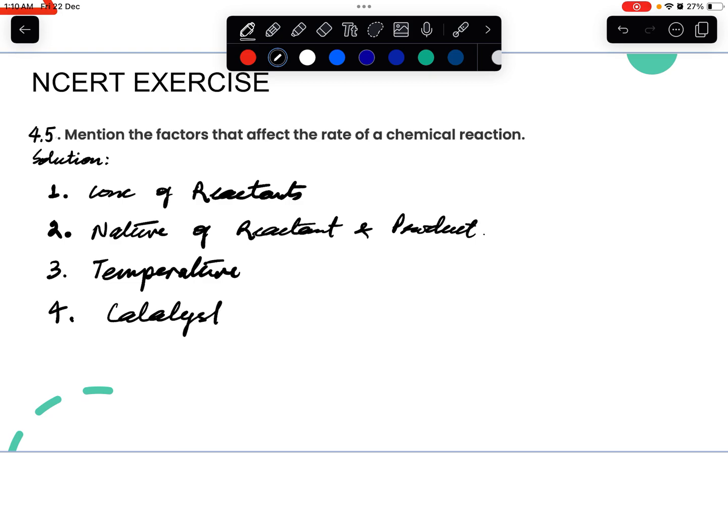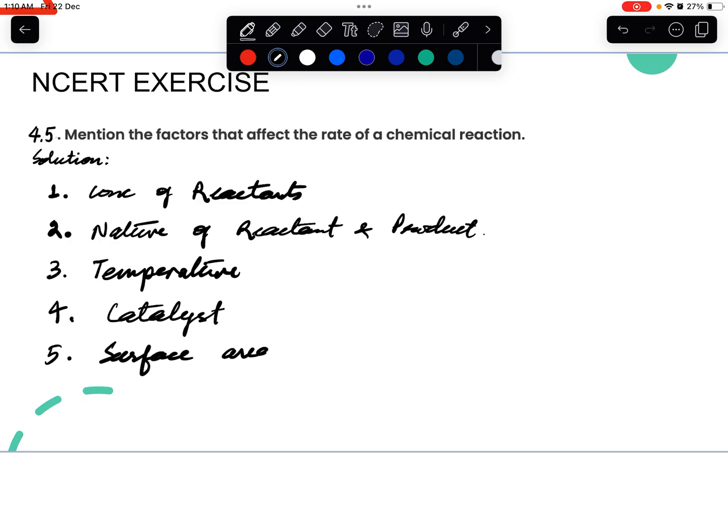Catalysts are entities which facilitate a low energy pathway, so that the reaction can be conducted easily, faster, and at moderate temperature and pressure.